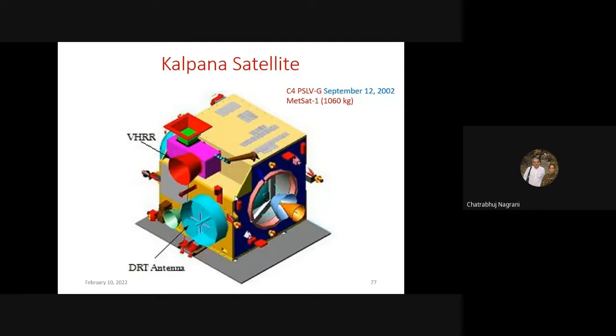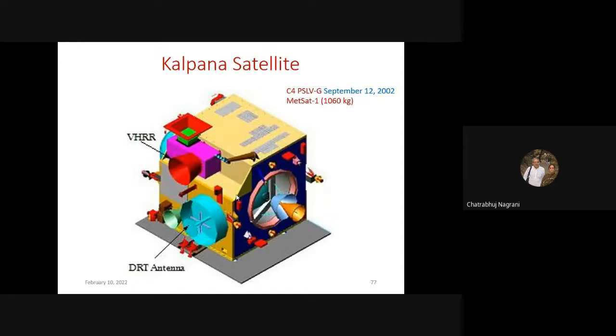Kalpana was our first such satellite, but it was a small one, because our INSAT 1D was ending its life. We did not have another satellite ready at that time. Our INSAT 2A and 2B were short-lived satellites. There were some problems coming. We were not able to get infrared imagery as good as we should have been getting. There were some compromises, and IMD did not want those compromises.